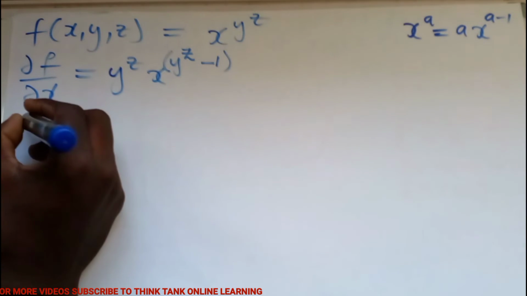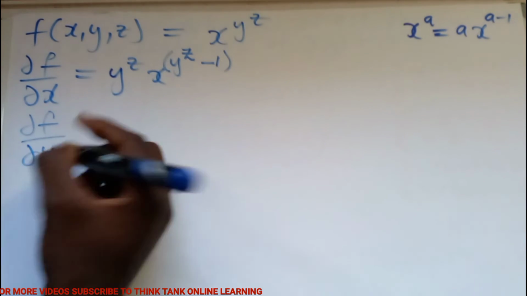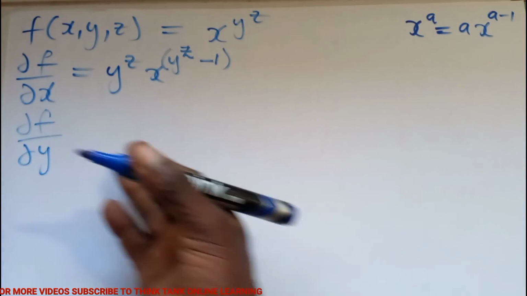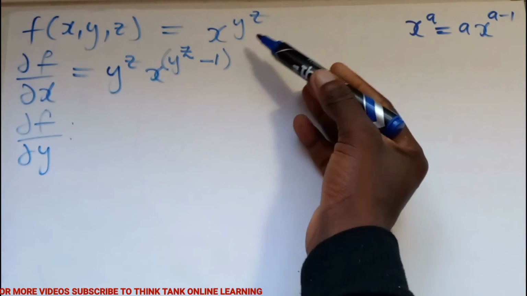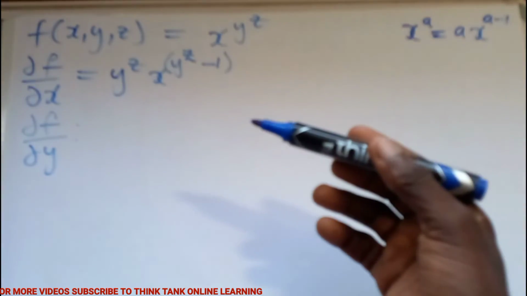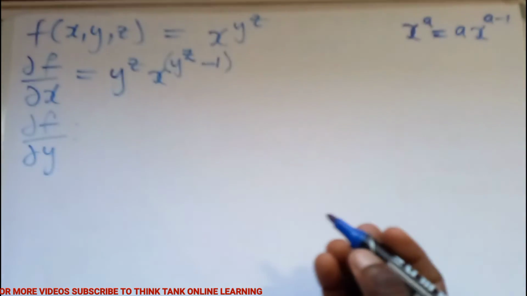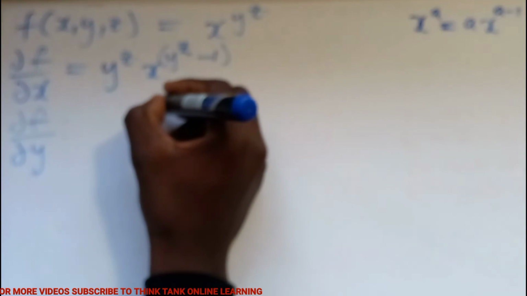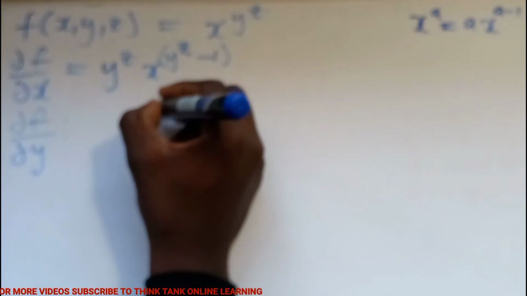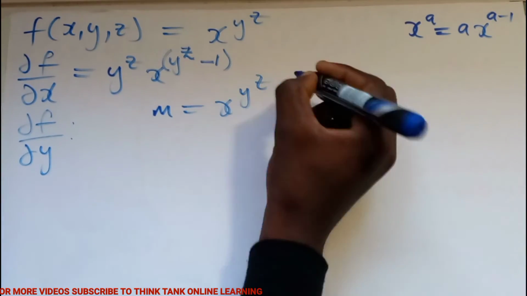And now I want to go to partial f, partial y. Unfortunately, y is raised to the power x. I want it to be linear, so I'm going to apply laws of logarithms. Let this function be m, so m is x to the power y to the power z.